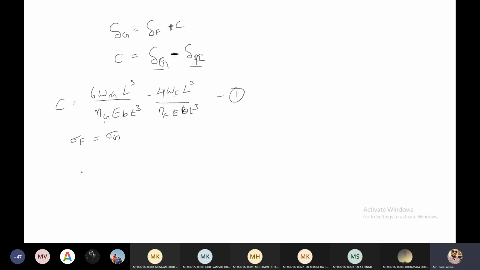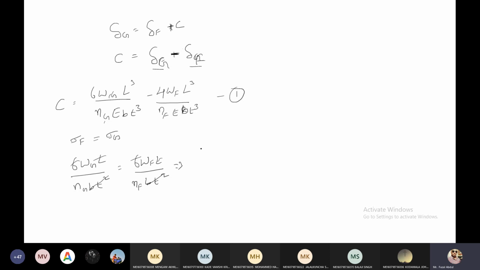Yesterday we also derived this: 6 Wg L by Ng B T squared equals, for the full length, 6 Wf L by Nf B T squared. If we simplify, 6, L and B T squared get cancelled.